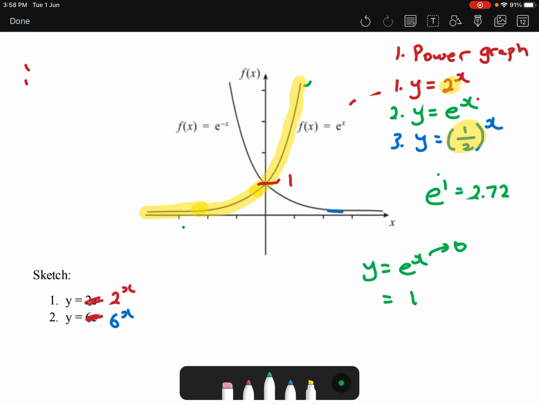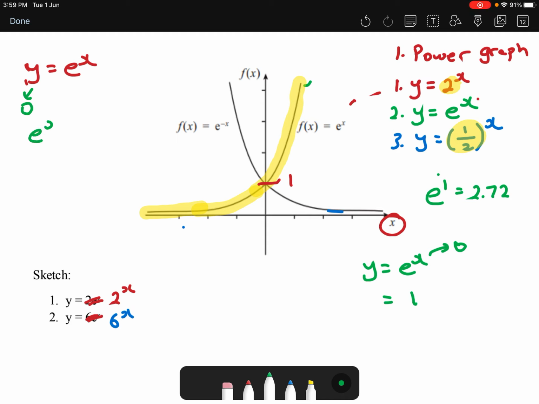So this is the y-intercept, and your x-axis here will be your asymptote, because if you notice, the exponential graph does not touch the x-axis. What do I mean by touching the x-axis? Basically it's putting my y coordinate as 0.